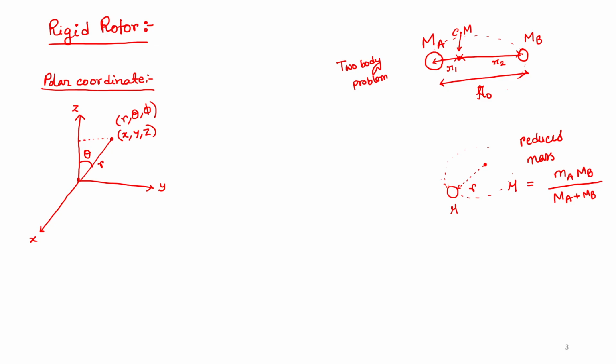In that case, in the Hamiltonian, the potential energy will have a term of 1 by something like x, y, z, and we cannot separate that easily. But when we change it to the polar coordinate, that separation will be easier.